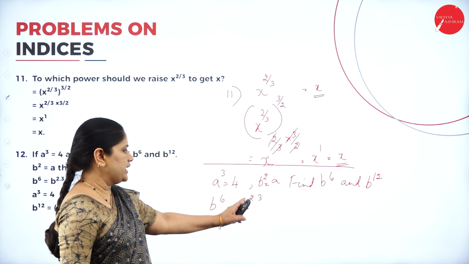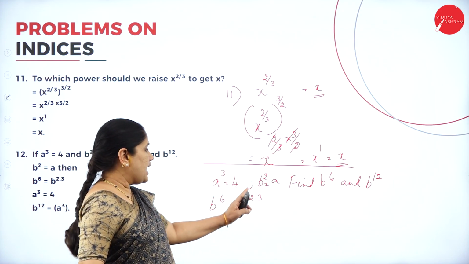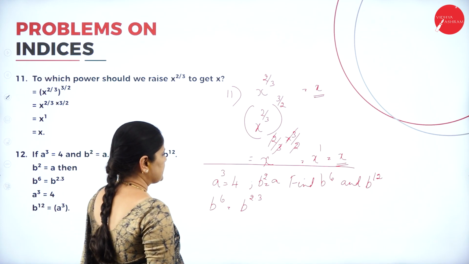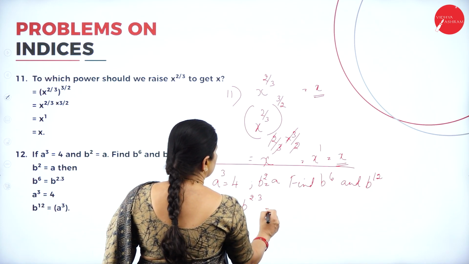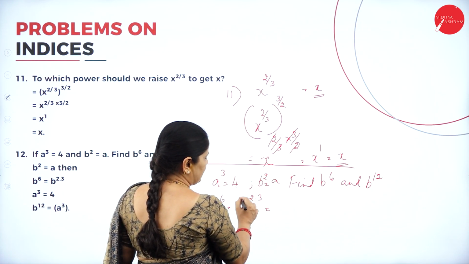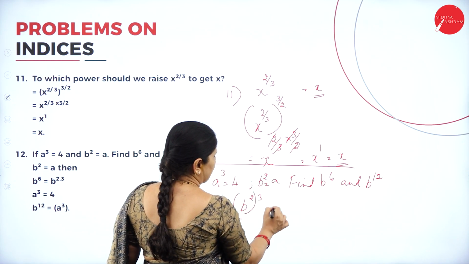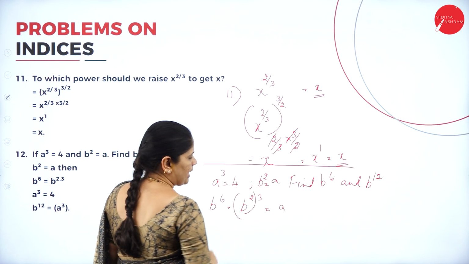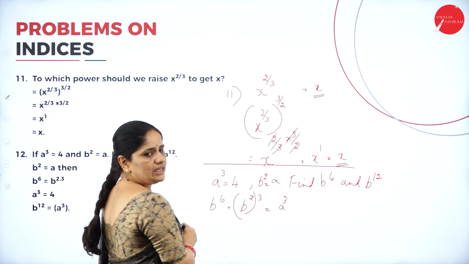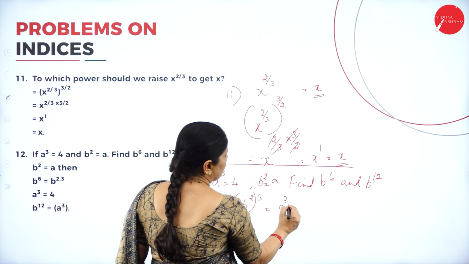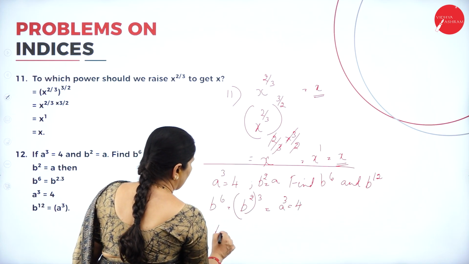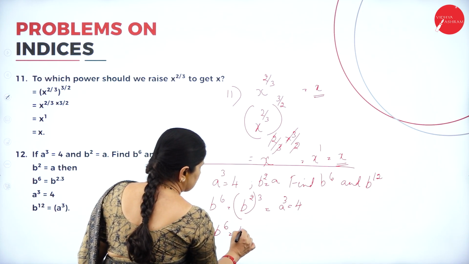Why am I writing 2 into 3? 2 into 3 is 6, and we also know b square equals a. So, this will be b square into 3. The value of b square is given as a. So, instead of writing b square, I will write a, then whole cube. Now, we know the value of a cube. What is the value of a cube? a cube equals 4. So, the value of b to the power of 6 is 4.